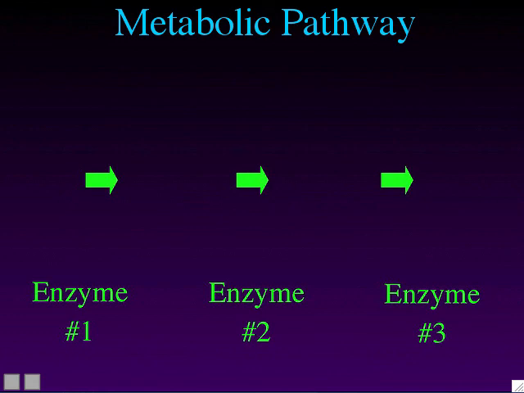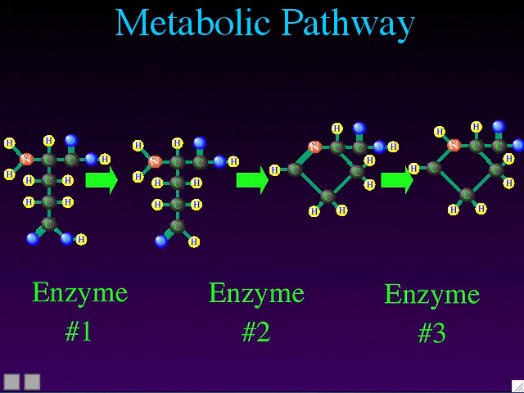And there are some terms for the molecules that go through the metabolic pathway. So here's the first molecule, that goes into the first enzyme. The molecule that enters a metabolic pathway, the first molecule that goes into the first enzyme, is called the substrate of the metabolic pathway. And that's the same term that we use for the molecule that enters an enzyme's active site, the substrate of the enzyme.